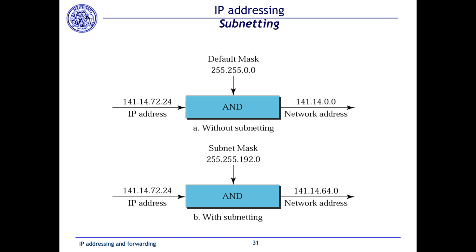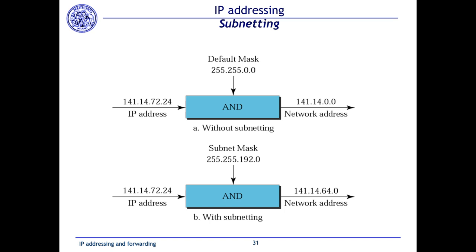Okay, in this case, it's a class B network, so the default mask is 255.255.0.0. So when you apply the AND operation, the result is the original network prefix. Inside the network that is subnetted, routers will apply the subnet mask, which is longer. So the result will be the subnet prefix, or the extended prefix.